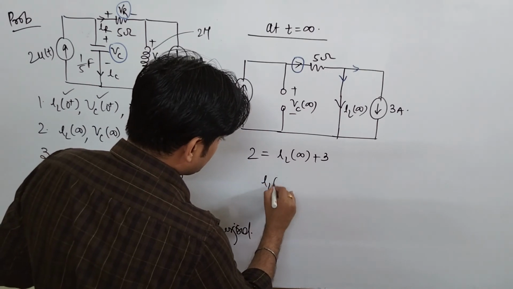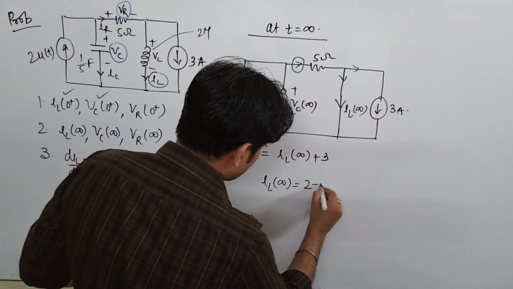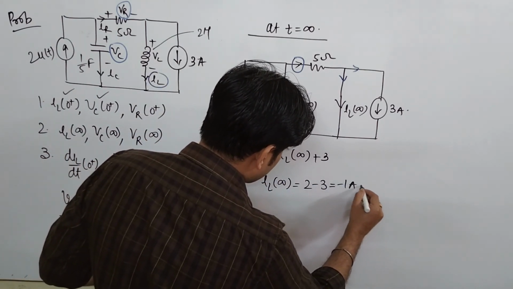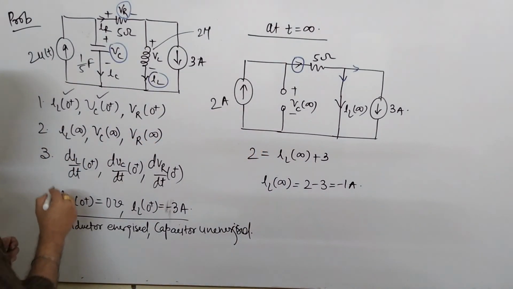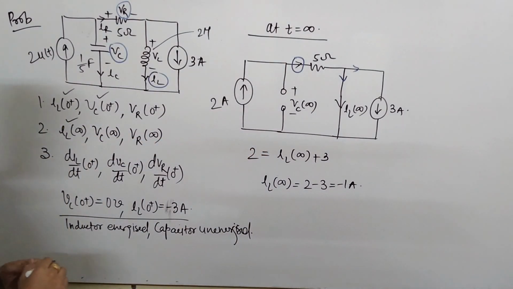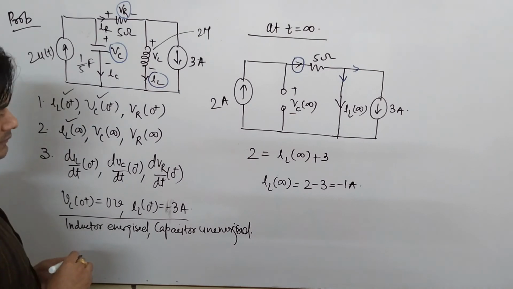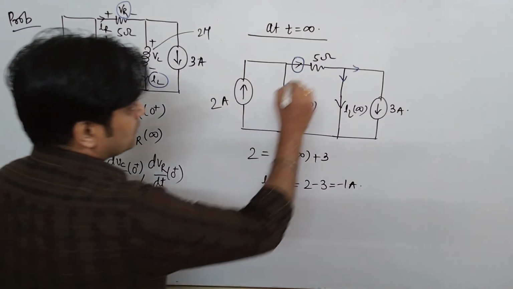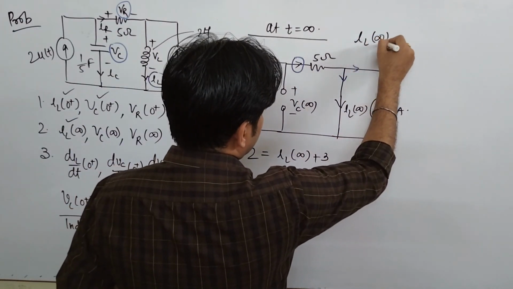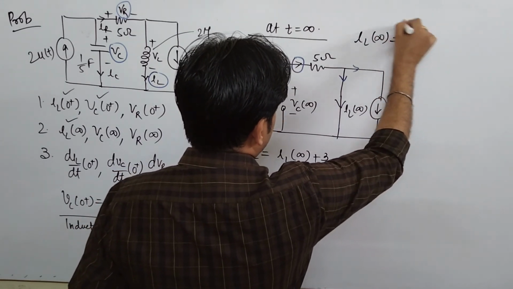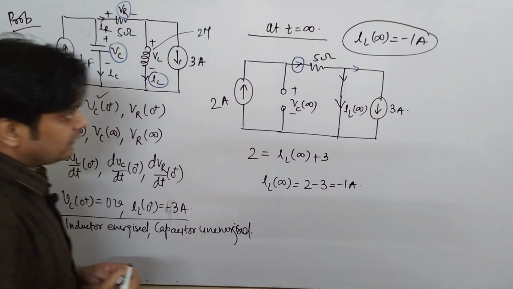So from here you can say that the value of IL(infinite) comes to be 2 minus 3, that is minus 1 ampere. Very important, the value of IL(infinite) you have identified as minus 1 ampere. Just for your understanding, I am writing here, it is minus 1 ampere.